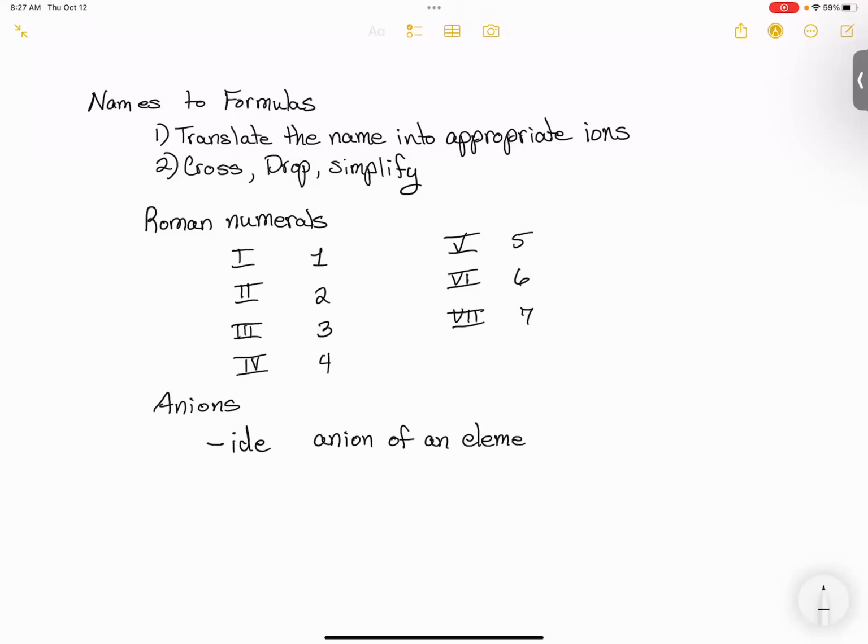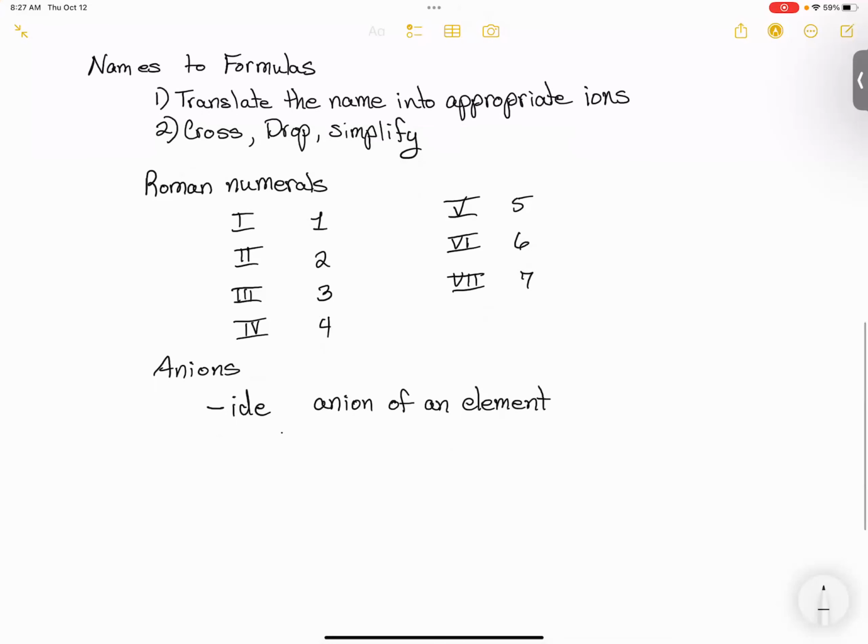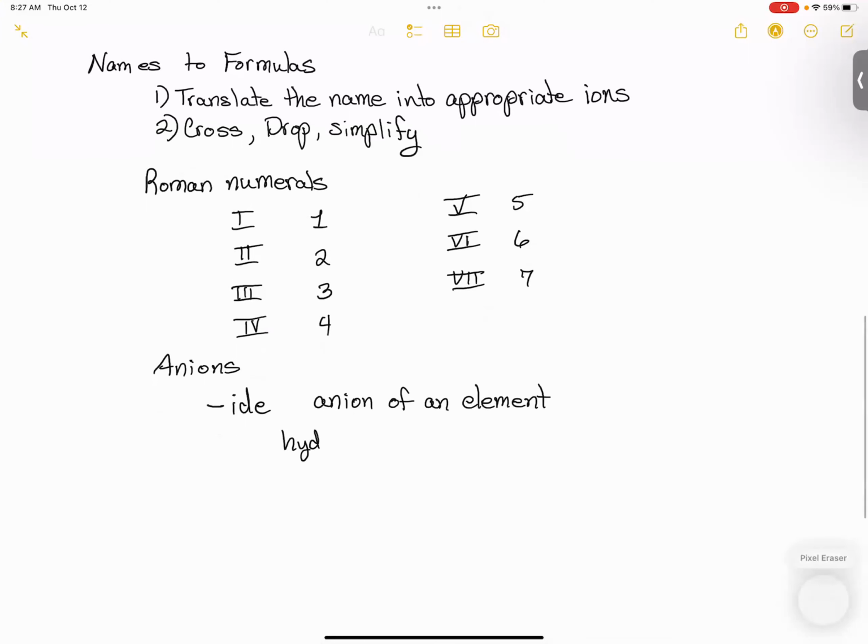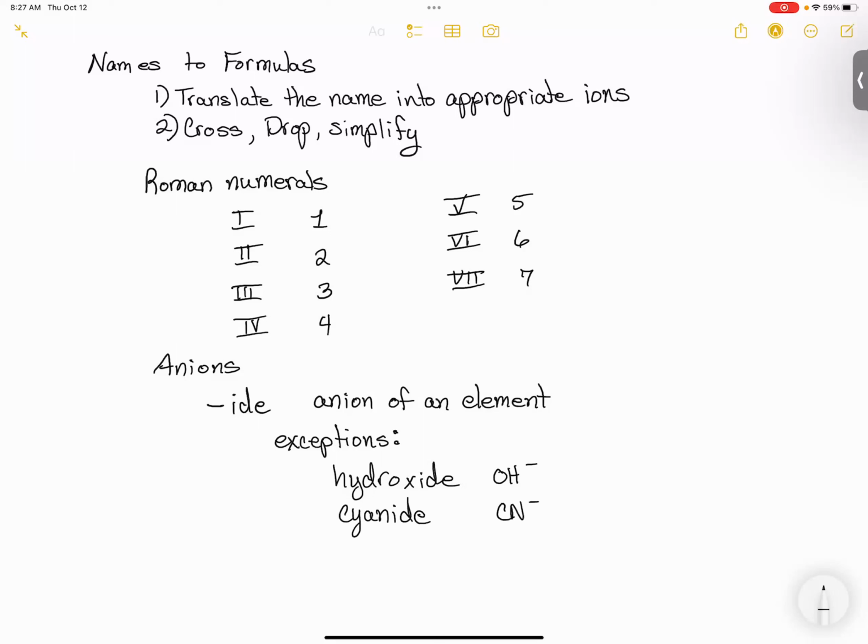There are 3 exceptions to that I could give you. Let me actually write the word except. The 3 exceptions are hydroxide, which is the polyatomic ion OH minus; cyanide, which is the polyatomic ion CN minus; and peroxide, which is the polyatomic O subscript 2, 2 minus.